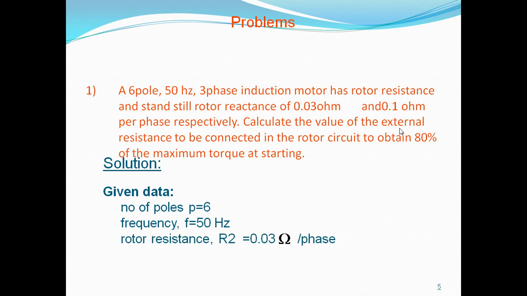Rotor resistance R2 is equal to 0.03 ohms per phase, and standstill rotor reactance X2 is equal to 0.1 ohm per phase.